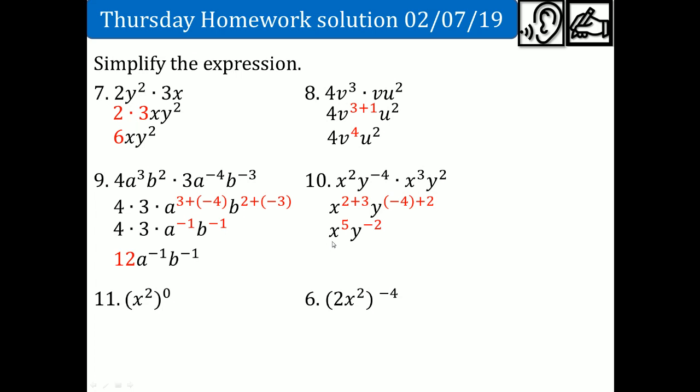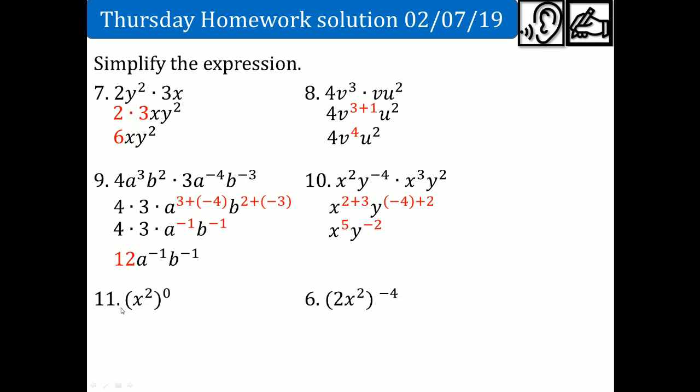X to the 2 plus 3 is x to the 5. Y, negative 4 plus 2, negative 2. Your final answer is x to the 5th power, y to the negative 2. In reality, next week, I'm going to show you the final answer is supposed to be x to the 5th power divided by y to the 2nd power. But that's good the way this is.